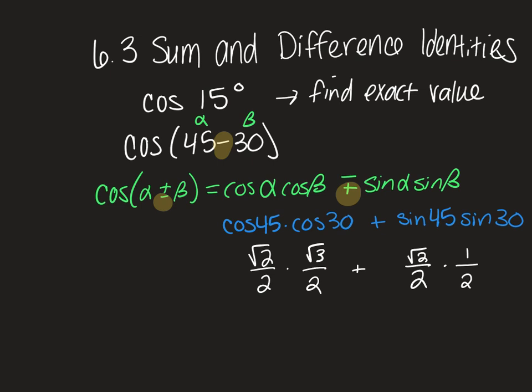When we multiply, the square root of 2 times the square root of 3 gives the square root of 6 over 4, and then we get the square root of 2 over 4. So we can write that as square root of 6 plus square root of 2 over 4.